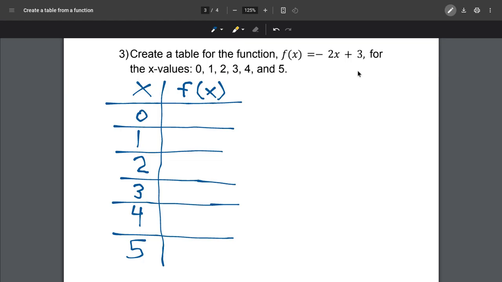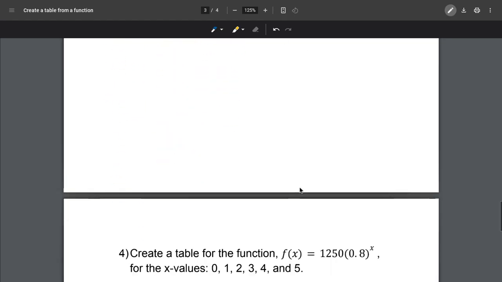When x is 0, the y or the f of x value is just 3 here. And we have a slope of negative 2, so we decrease by 2 each time. So we go from 3 to 1 to negative 1 to negative 3 to negative 5 to negative 7. And we are done with that table.